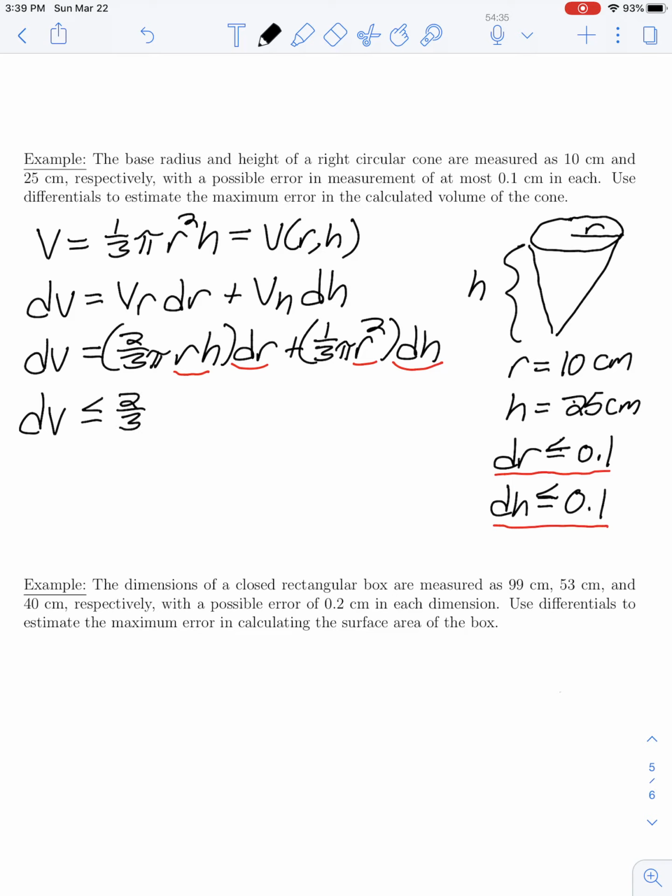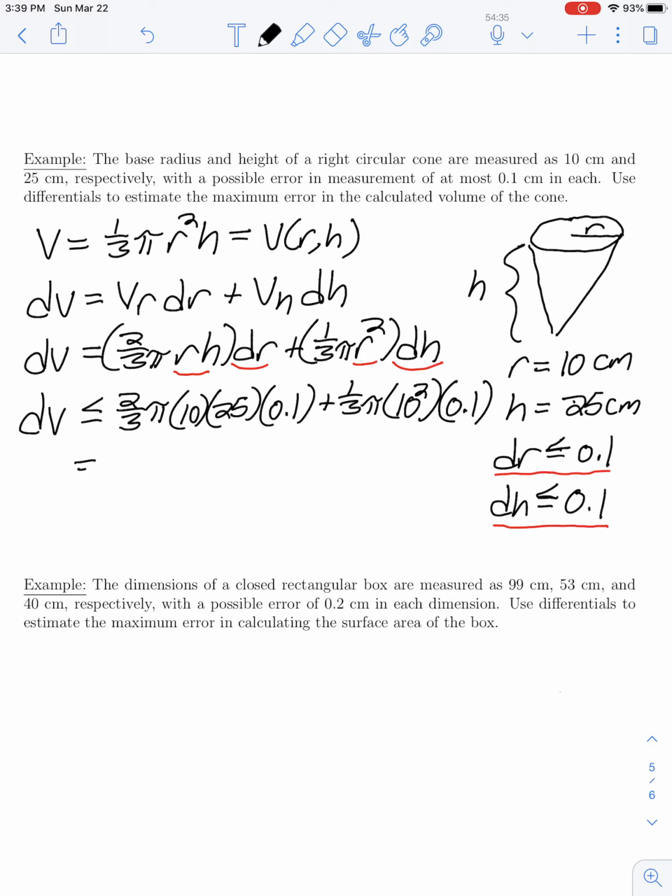We have 2/3 pi times r, which was 10, times h, which was 25, times the differential of r, which had a maximum value of 0.1 centimeters. And then we are adding 1/3 pi times r squared. So we have 10 squared, or 100, times the differential of h, which is at maximum 0.1.